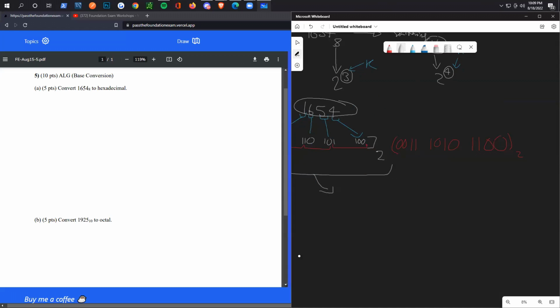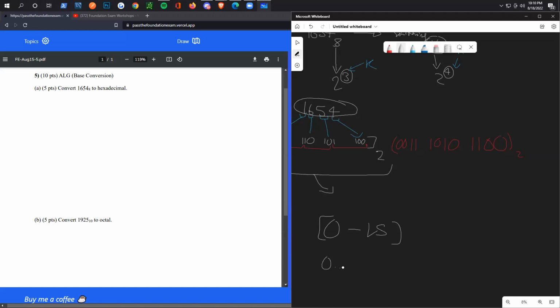The way hexadecimal works is you have values from 0 to 15 inclusive. But there's one thing.